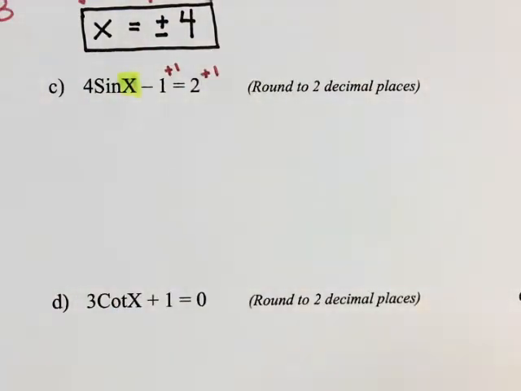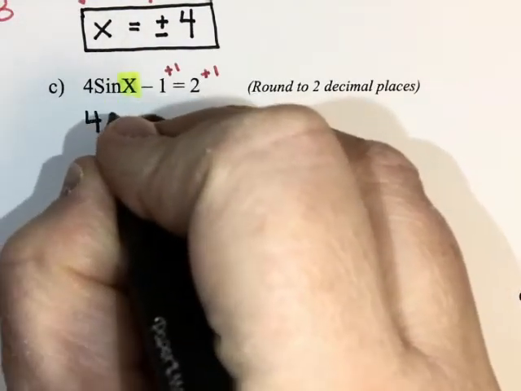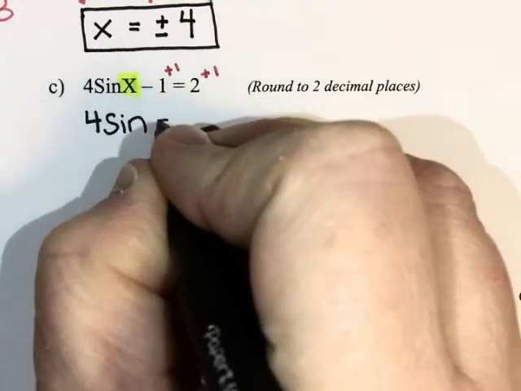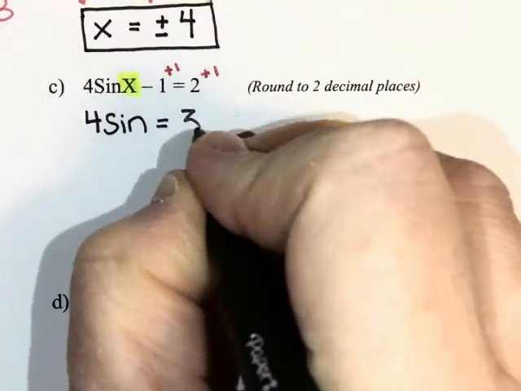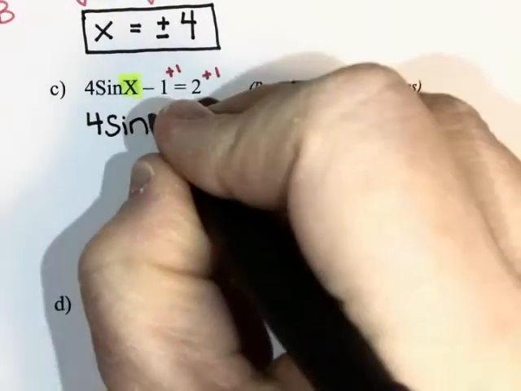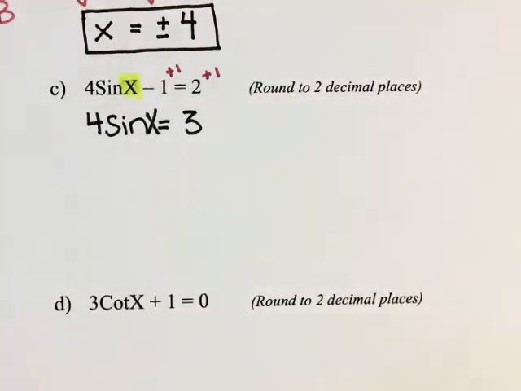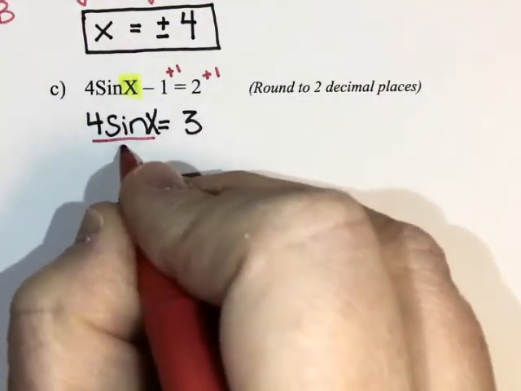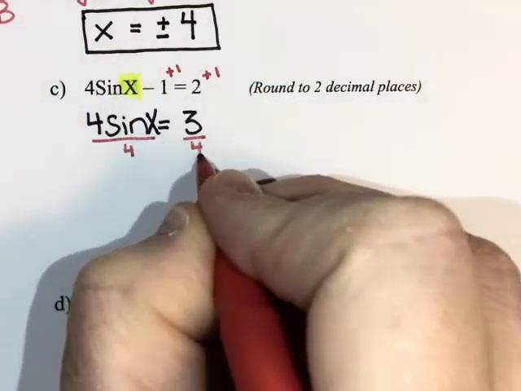And I'm going to get 4 sine x equals 2 plus 1, which is 3. Then I'm going to divide both sides by 4.